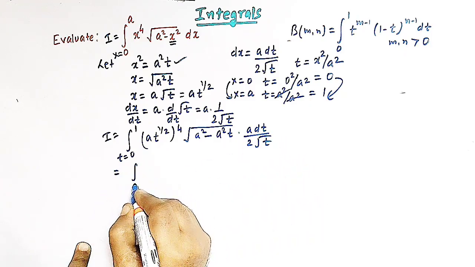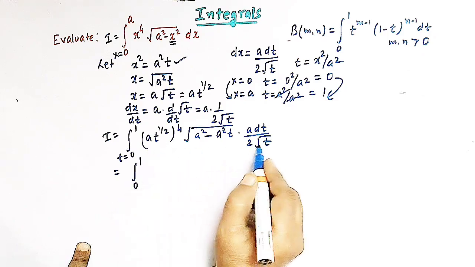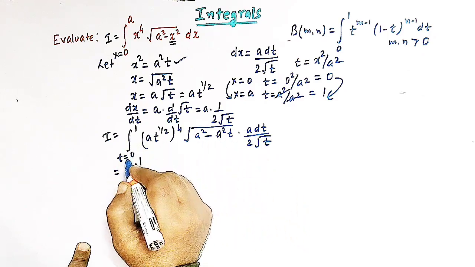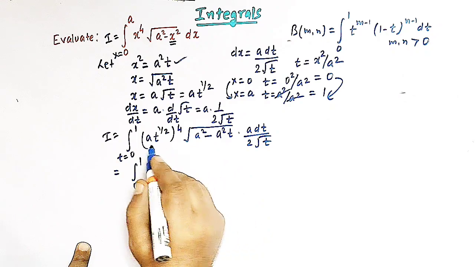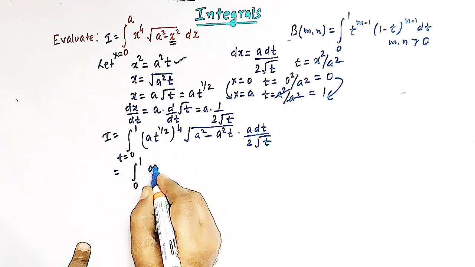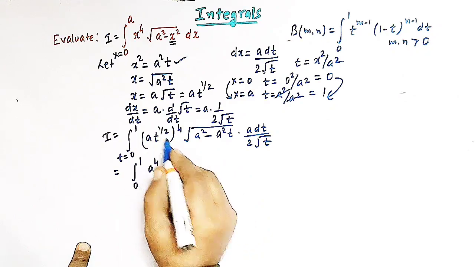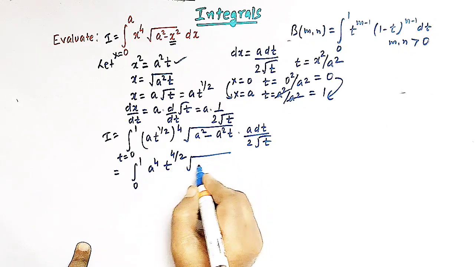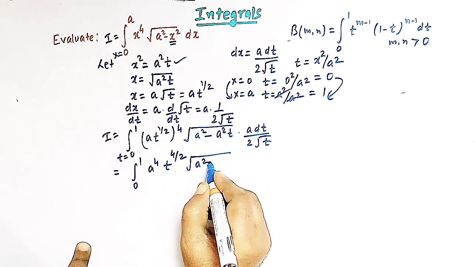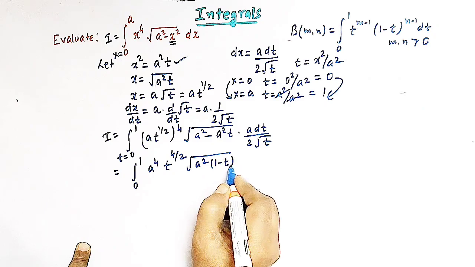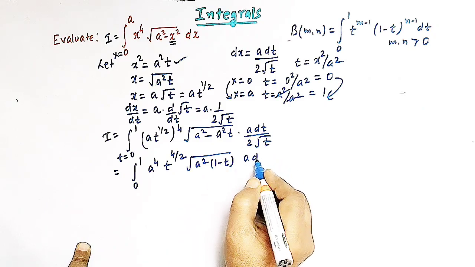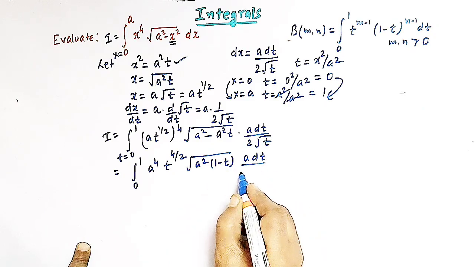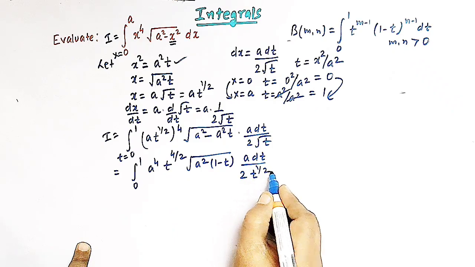Now let us simplify this expression inside the integral. We have a raised to 4, then t raised to 4 over 2, and here we can take a square common, so we have 1 minus t, and here we have a dt over 2 times t raised to half.